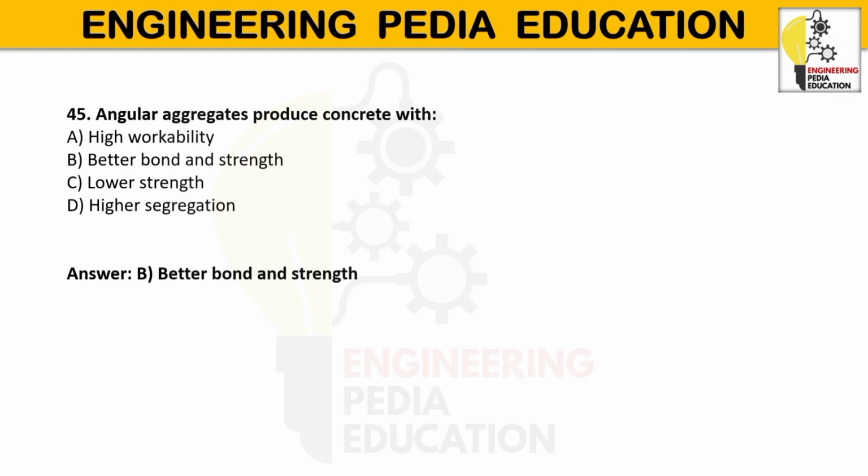As we have discussed, angular aggregates have sharp edges, rough surface and irregular shape, usually obtained by crushing rocks in a crusher. Due to their angular edges, they provide better bond and strength.